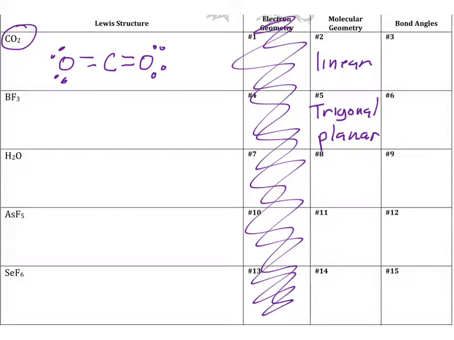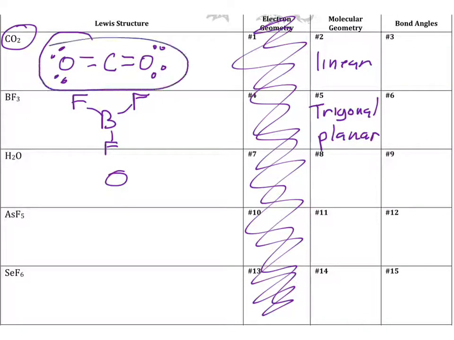And so the Lewis structure here, we have boron, fluorine, fluorine, fluorine, bond, bond, bond, and then put the lone pairs on fluorine. All right, so next one, oxygen is the central atom, and there's two hydrogens. If there's two atoms attached to the central atom, there's only two possibilities. It's either linear or it's bent. If there's no lone pairs on the central atom, it's going to be linear.